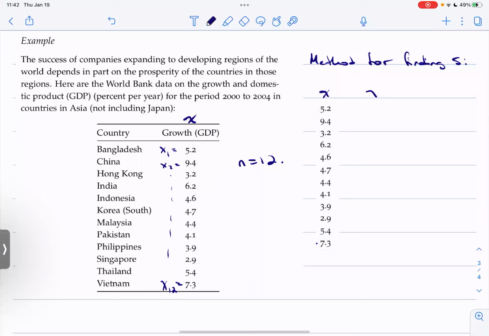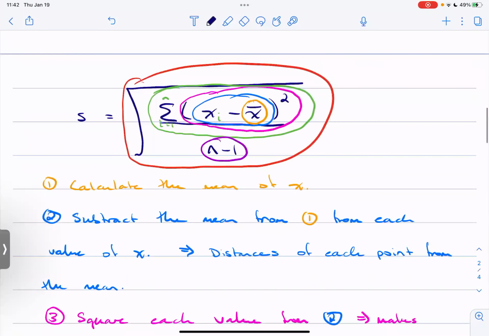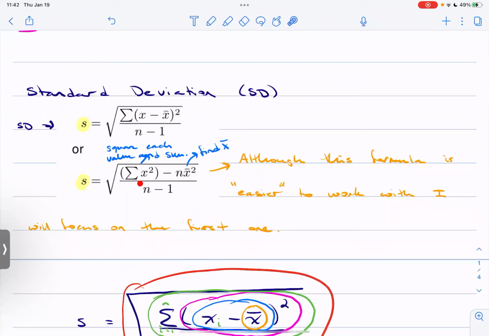Oops, sorry. That's the other formula, the easier formula, right? The first one I introduced, which in terms of calculation is easier to work with, because you just need to square each x and add them up, and then do a little bit more math, but nothing crazy.